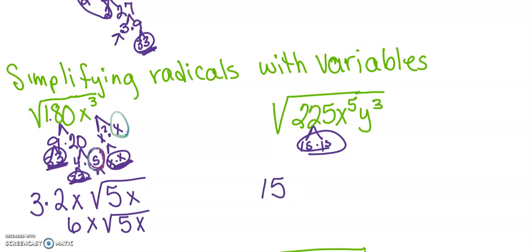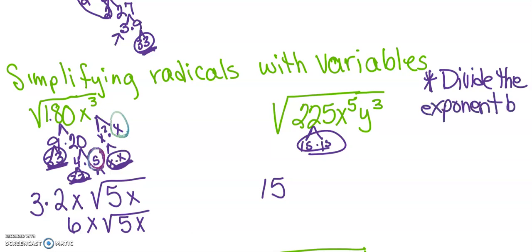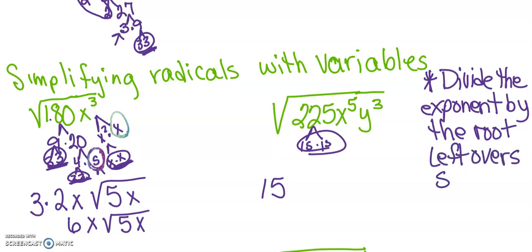Now the fastest and easiest way to determine how many variables come out is to do this. Divide the exponent by the root, and the leftovers stay in.